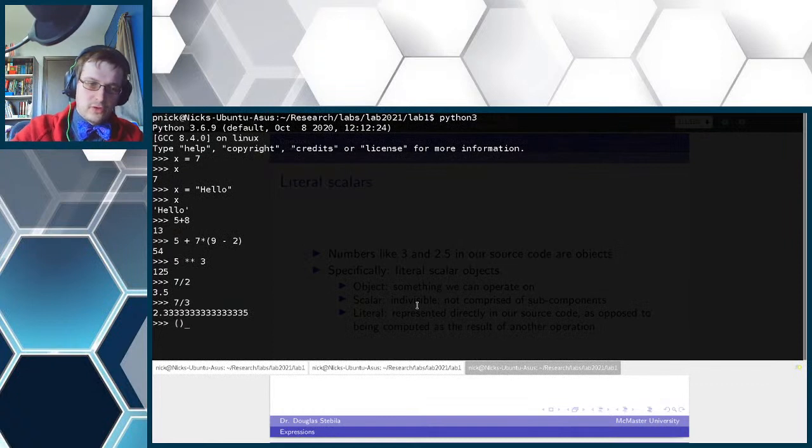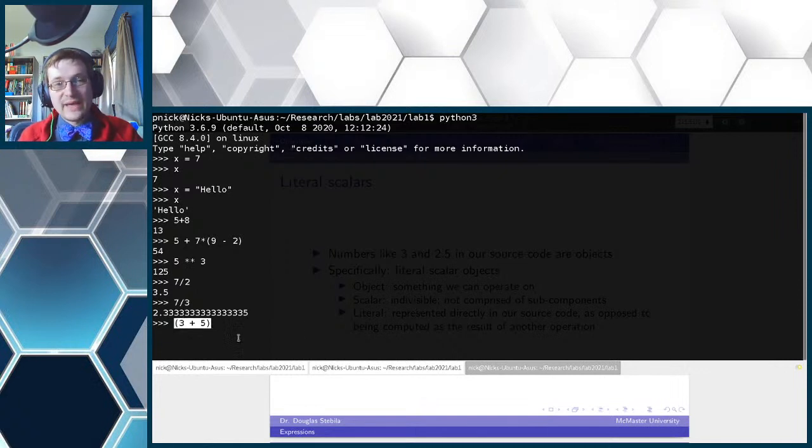So, for example, if I have 3 plus 5 within brackets, that is an object, but it's a compound object. A scalar object would be the 5, because you can't break it down semantically any further than the number 5.